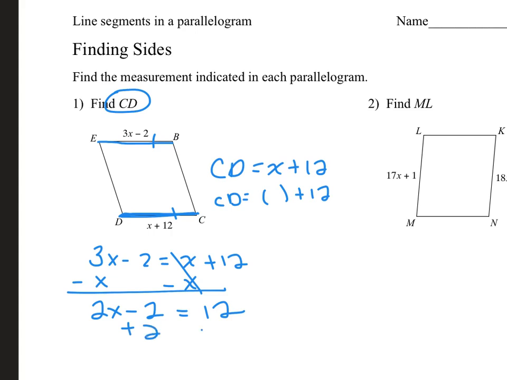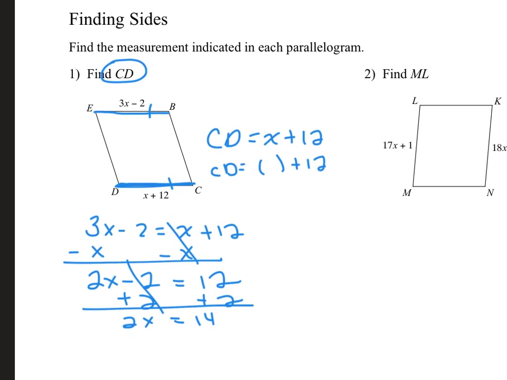Okay, add 2. So 2x equals 14. Then I divide by 2. So x is 7. Okay, once I know that, I plug in 7 there, and I know that CD is 19.